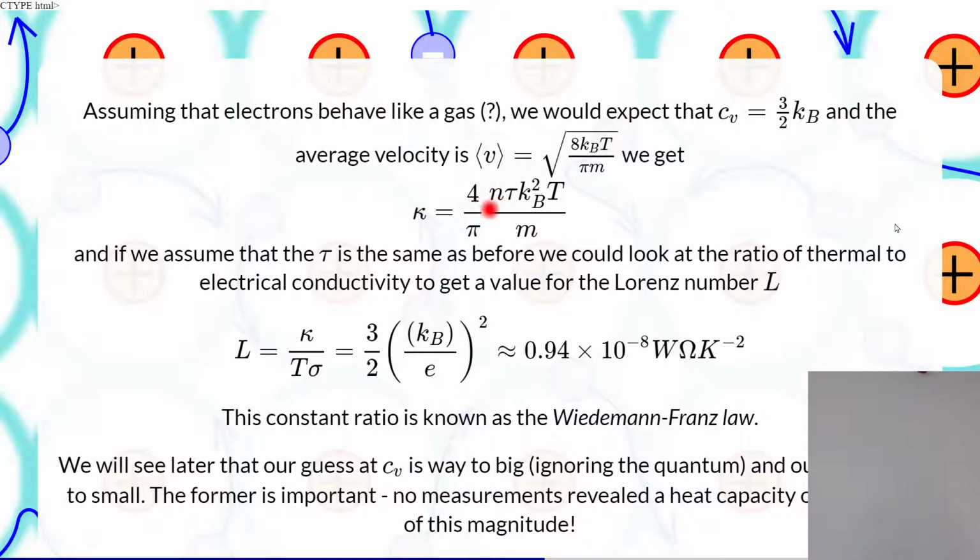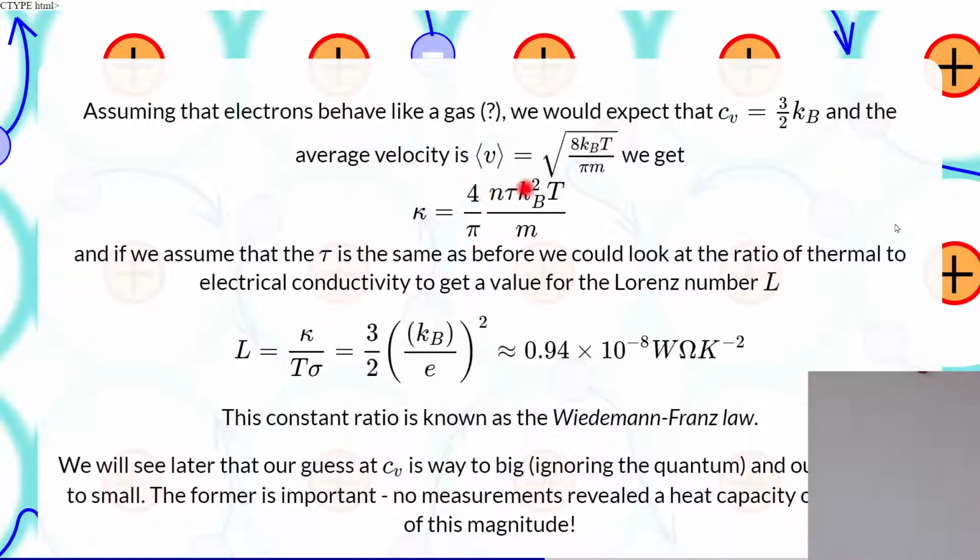Again, it's got this n and tau in it for this electron density and this scattering time for the same reasons as before. And what you can define is a so-called Lorentz number, which is the ratio of this thermal conductivity to the electrical conductivity.